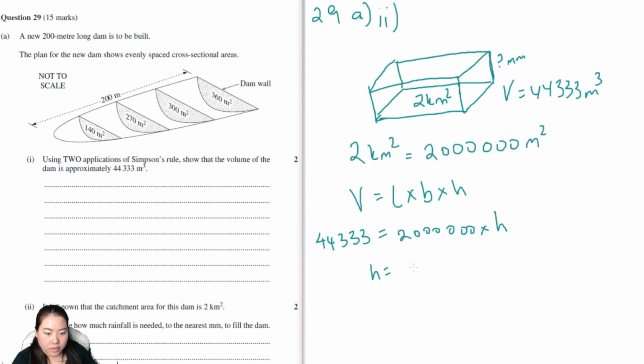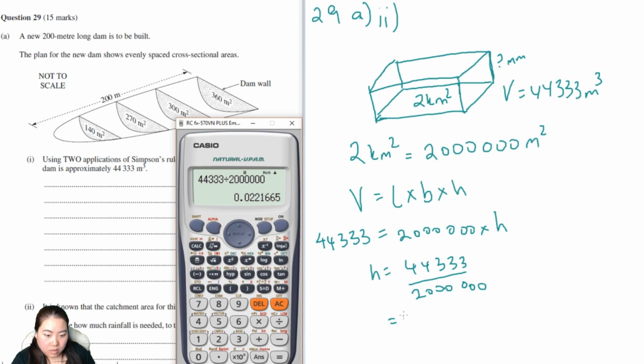Therefore, the height is going to be 44,333 divided by 2 million. 0.022165 meters. However, we want it in millimeters, so we have to times 1,000, and that will give us 22.1665 millimeters.